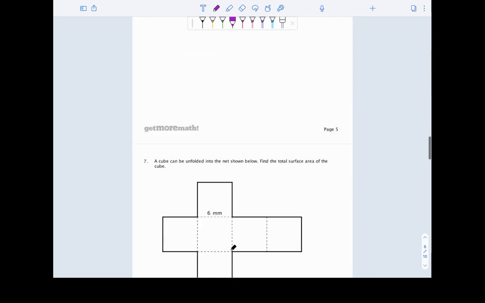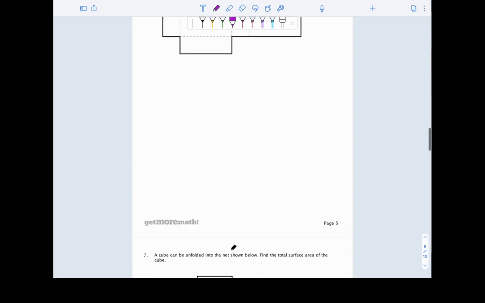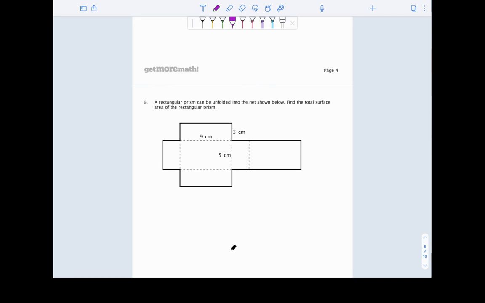Let's see what this next one is. Oh, the next one's a cube, so I'll do that one too. All right, so I've got 3 times 9 equals 27. So I've got 27 there, which gives us 54. And then I've got 9 times 5 right here.